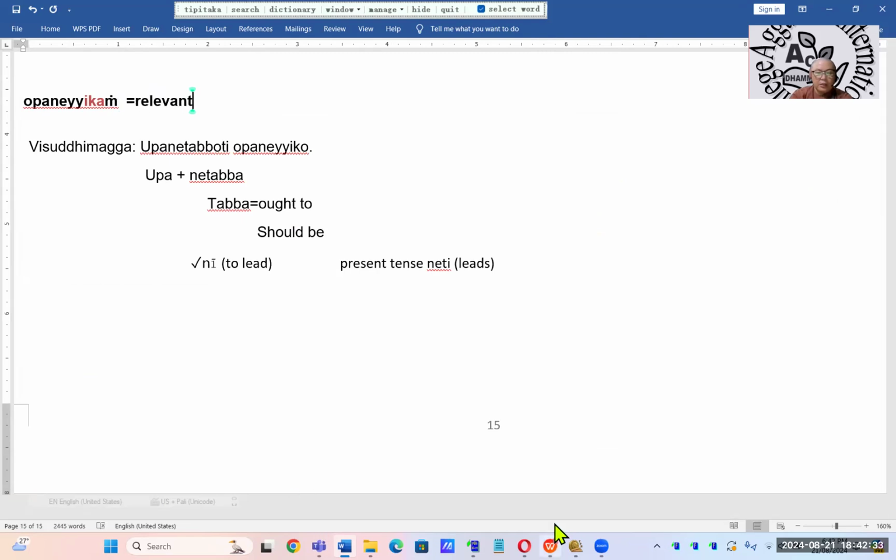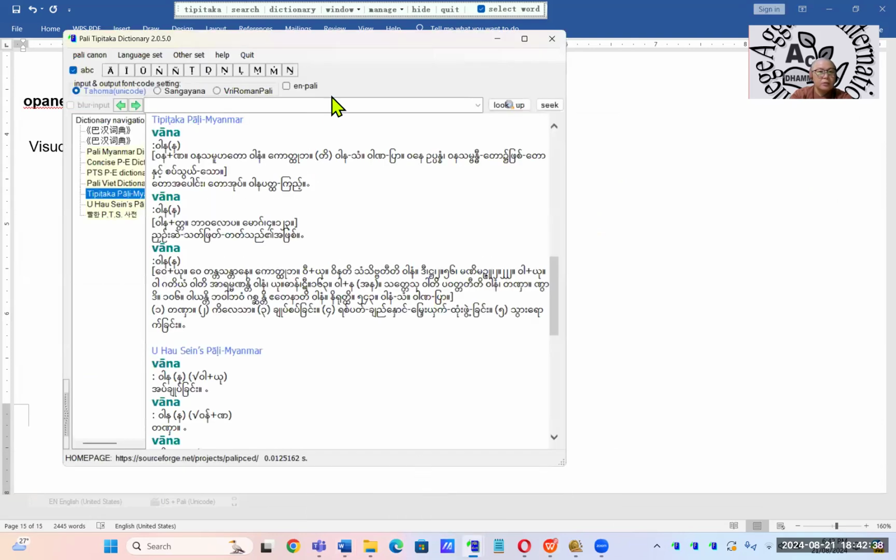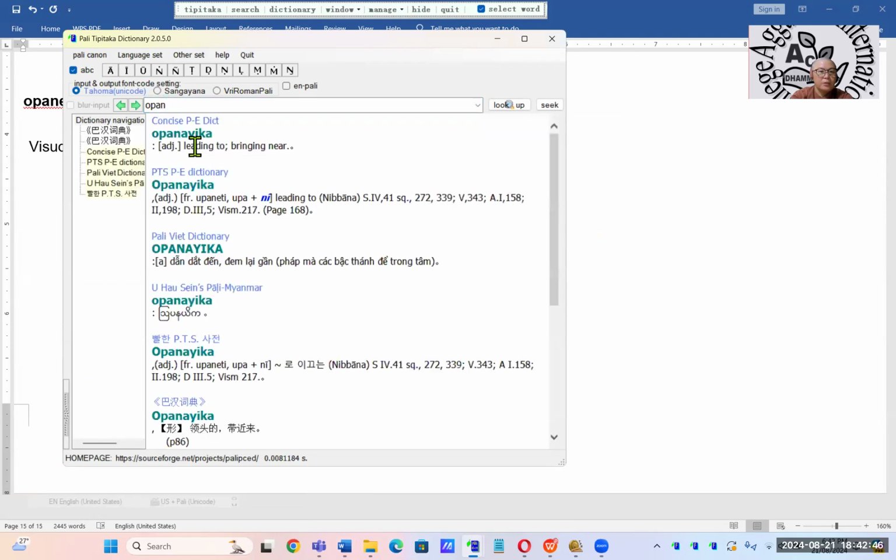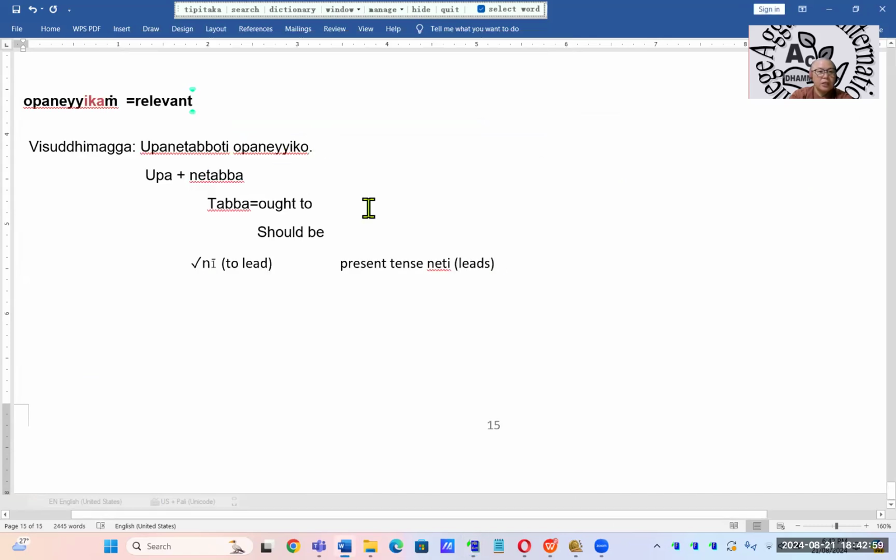Okay. Now another translation will be Opaneiko. Okay. There are something that look similar. Opaneika, leading to. Normally this is a translation, leading to Nibbana. Okay. So there's another one.